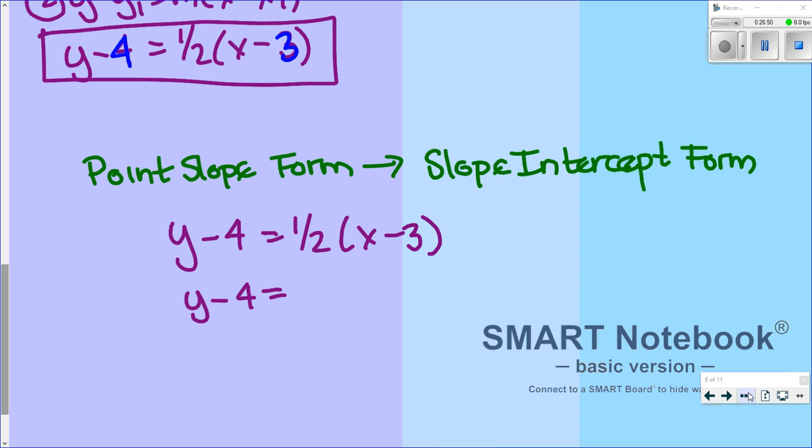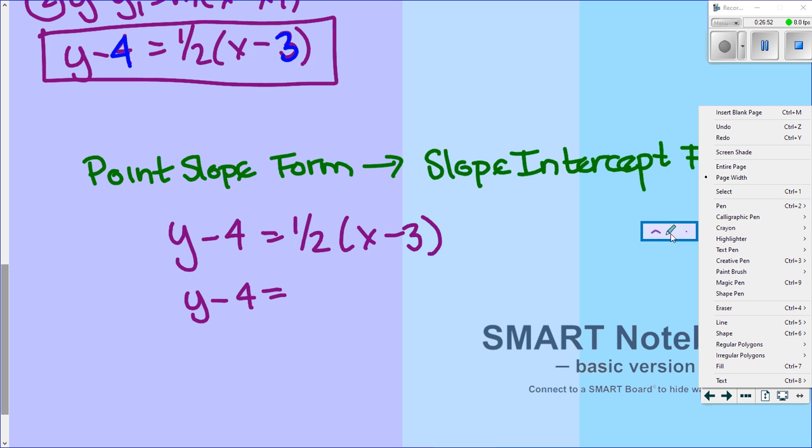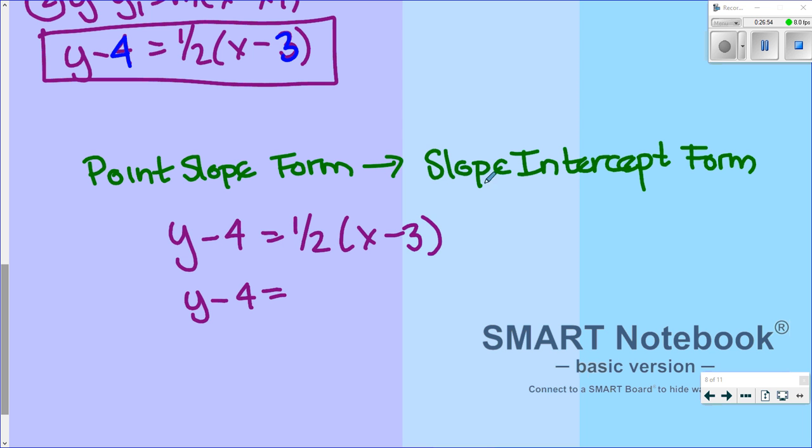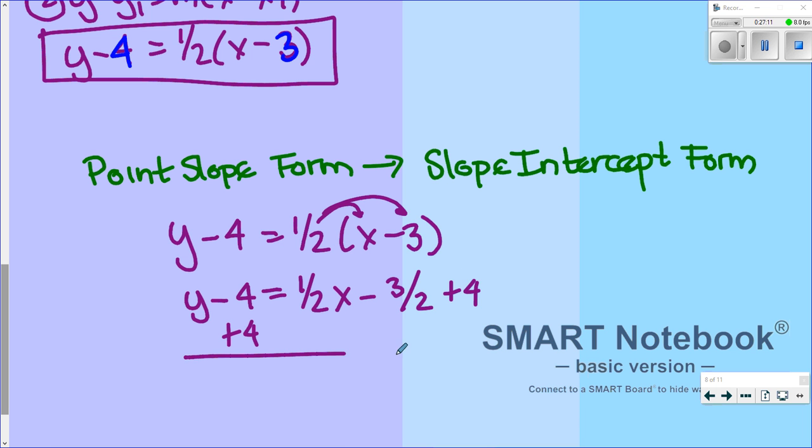All right, so now let me go back to purple. So I'm trying to change this point slope form into a slope intercept form, and you can see how they're related. So now I'm going to distribute. So this would give me half x minus 3 over 2. And then now I need to solve for y, so I'm going to add 4 on both sides. Cancel this out, so it'll be y equals half x.